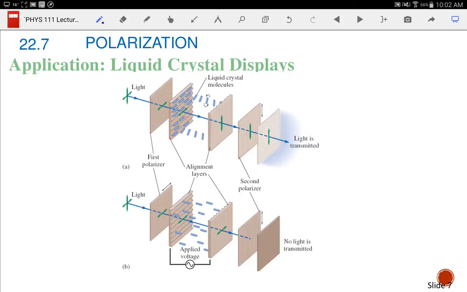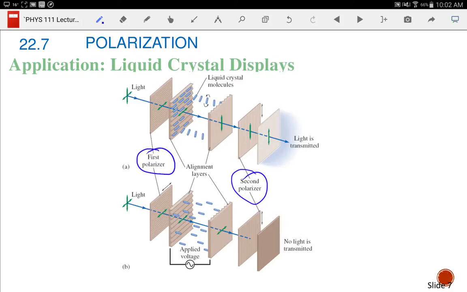And so in your LCD display, you have a front polarizer, and then you have a liquid crystal that will rotate the polarization depending on the voltage on it. And then you get to a second polarizer, and depending on how much you rotate it, you could have blocked it or you could have allowed it through. And so it just depends on the voltage and the orientation of your polarizer what's going to happen.